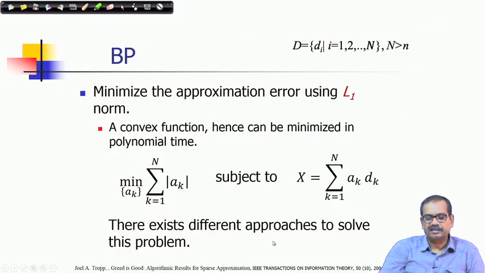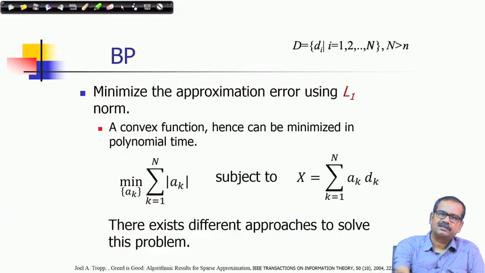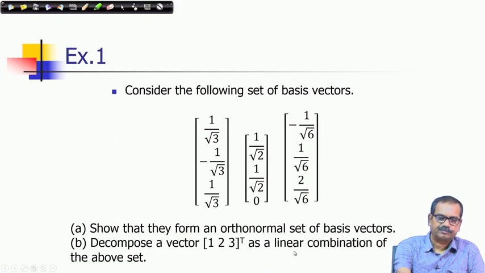There exist different approaches to solve this problem. We are not going to discuss any such solution, as it involves complex mathematics to argue on those solutions. In this particular case we will be considering only orthogonal matching pursuit for getting a sparse approximate representation of a signal using a dictionary.